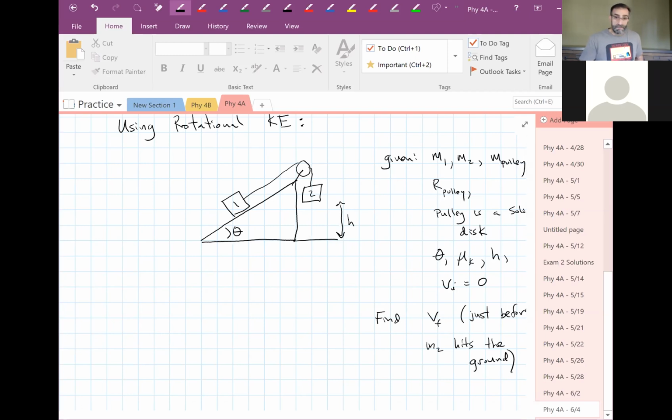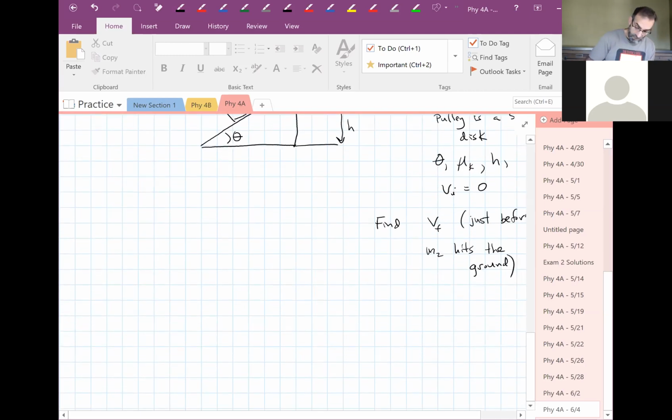So let's set up our energy bar chart. We've got initial mechanical energy, we've got final mechanical energy, and we've got what happens in between the initial state and the final state.